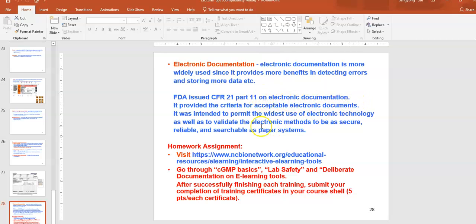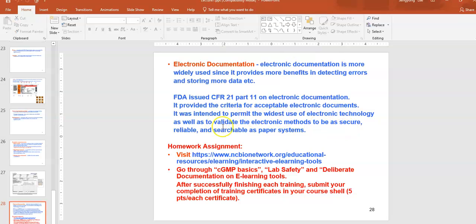It provides the criteria for acceptable electronic documentation. It was intended to permit the widest use of electronic technology, as well as to validate the electronic methods to be as secure, reliable, and searchable as paper systems. So if you decide to use electronic documentation, it should be at least as reliable and searchable as the paper form. That's the requirement.